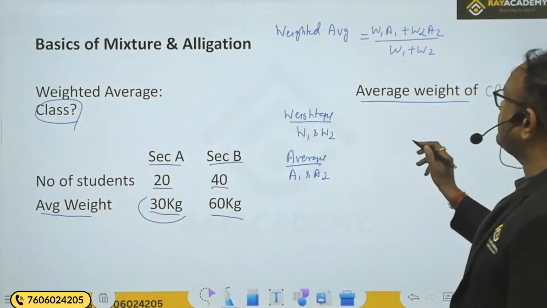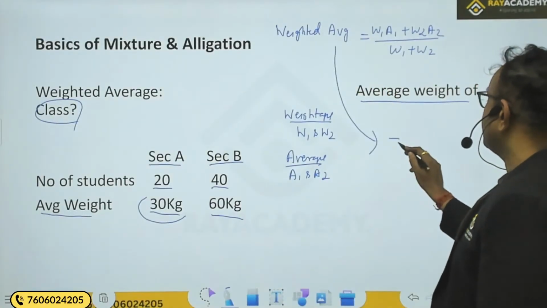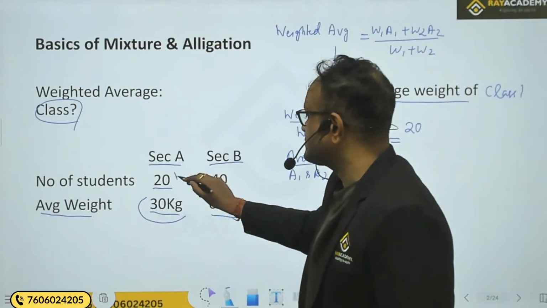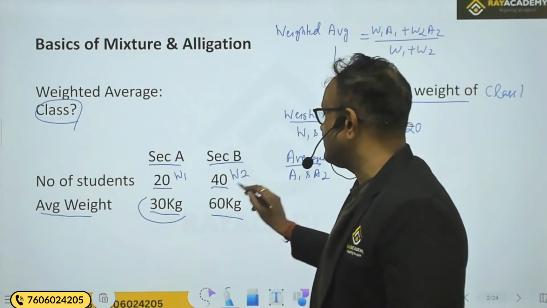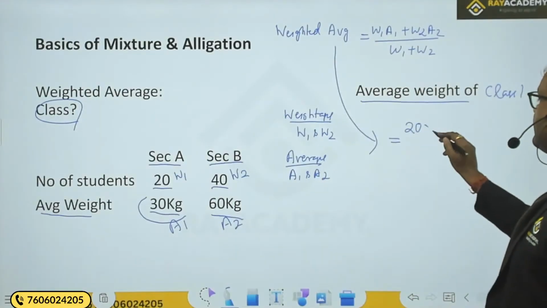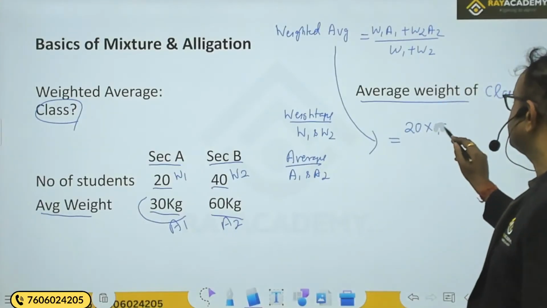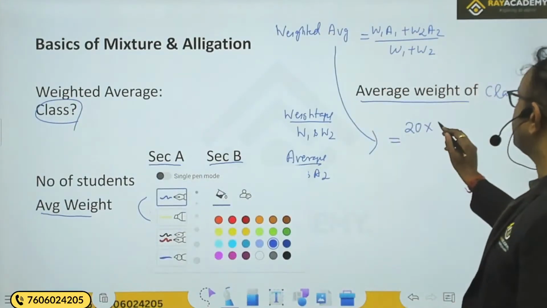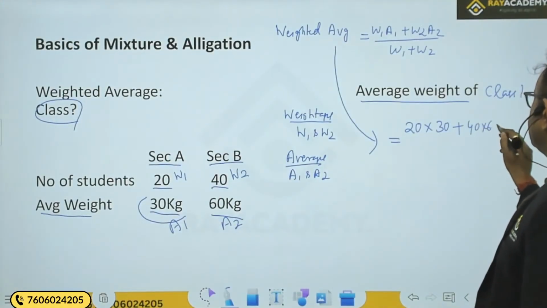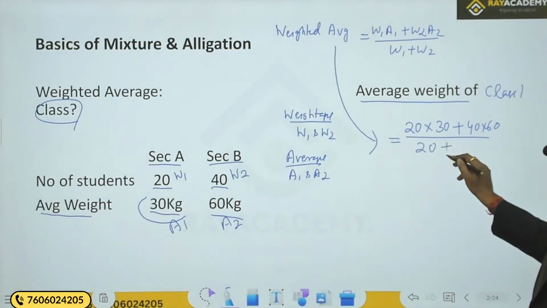Now let us put the formula. W1 is 20, W2 is 40, average 1 is 30 and average 2 is 60. So you can say 20 multiplied by 30 plus 40 multiplied by 60, divided by the total weightage, 20 plus 40.